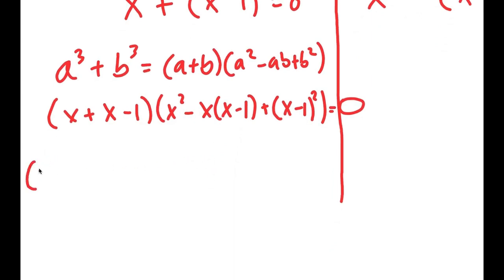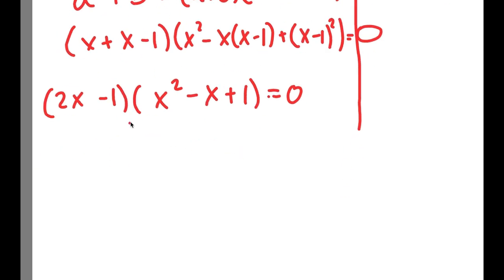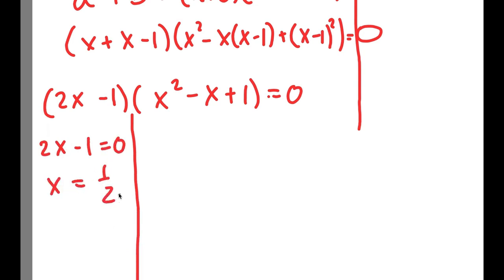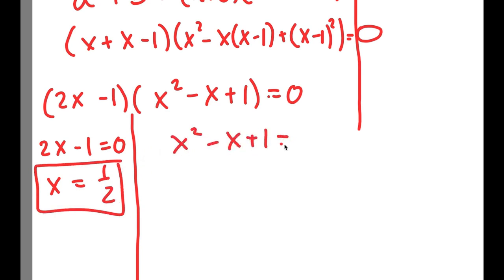And this turns into (2x - 1) times (x^2 - x + 1) is equal to 0. So I get another two equations from this. I get 2x - 1 equals 0, meaning x is equal to 1/2. And I get x^2 - x + 1 is equal to 0.